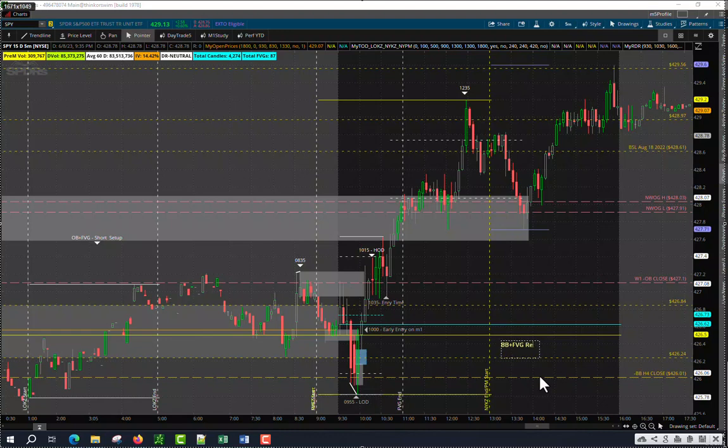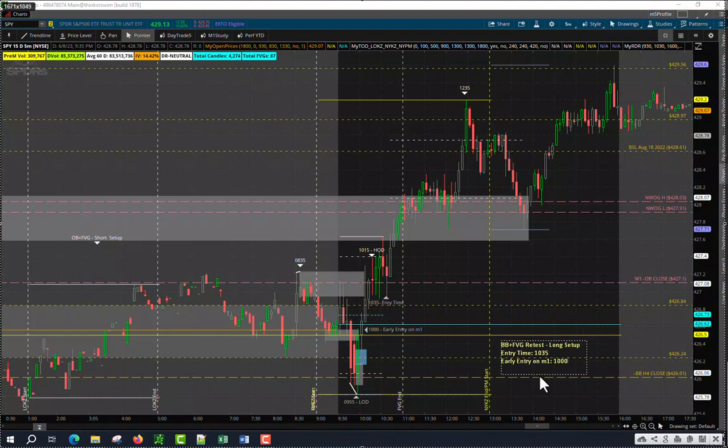Okay, retest, and in this case it's a long setup, and the entry time is 10:30, and we can say that early entry on M1 is going to be 10:10.